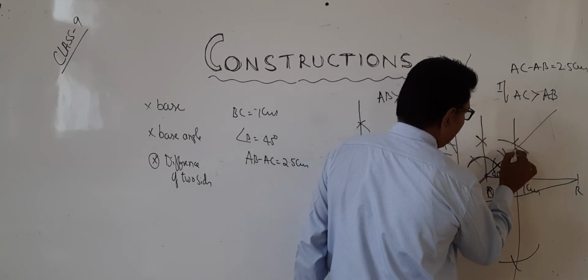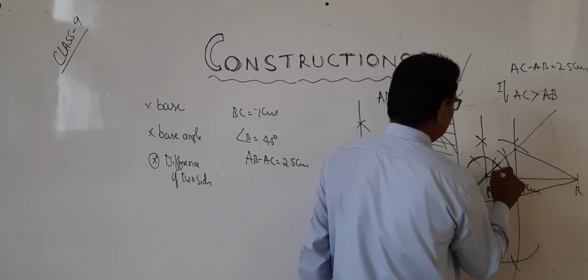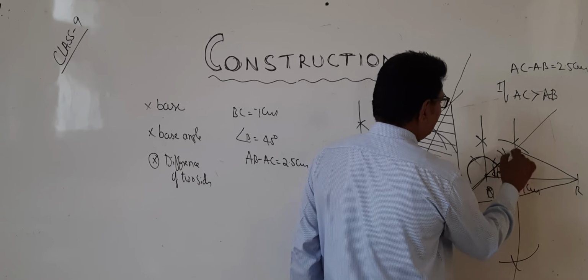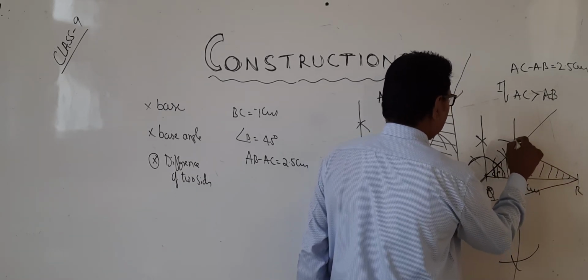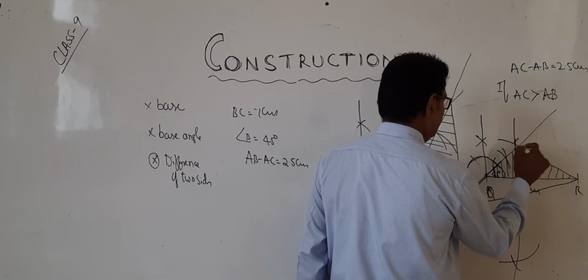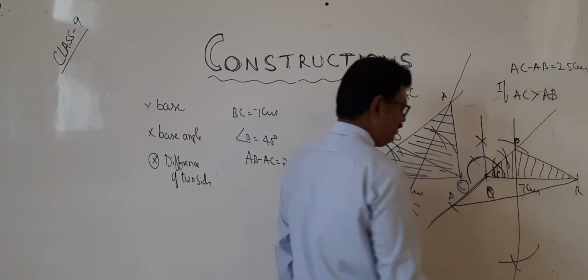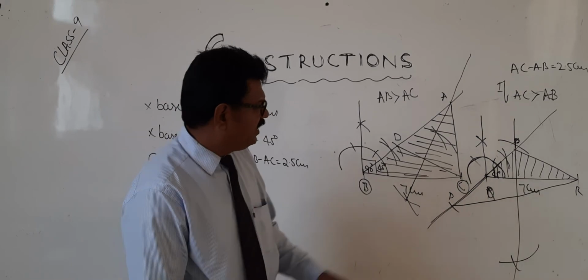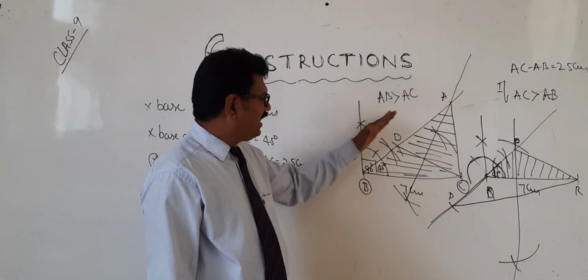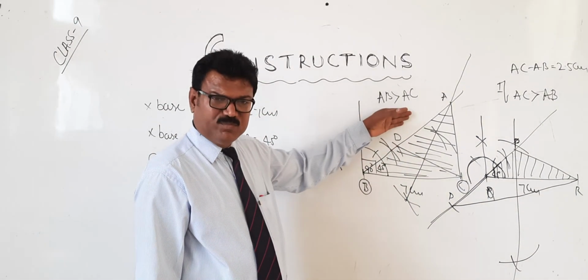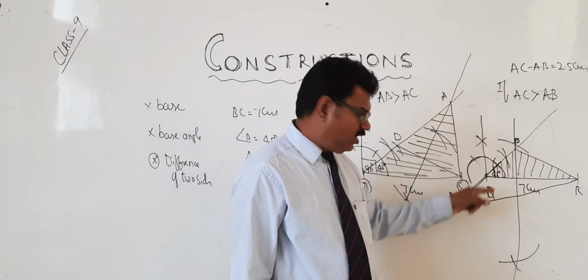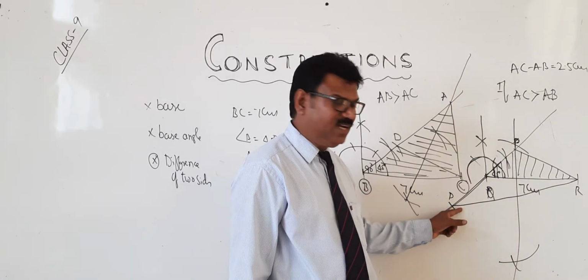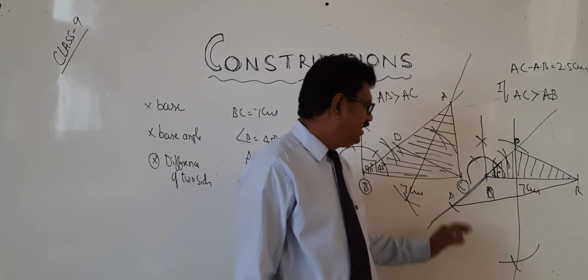Therefore when it cuts, this is nothing but our line P, Q, it is nothing but P. Okay? You just see, if the left side is greater, it will be on the upside. If the right side is greater, then it will be downwards. Okay? This is the required triangle.